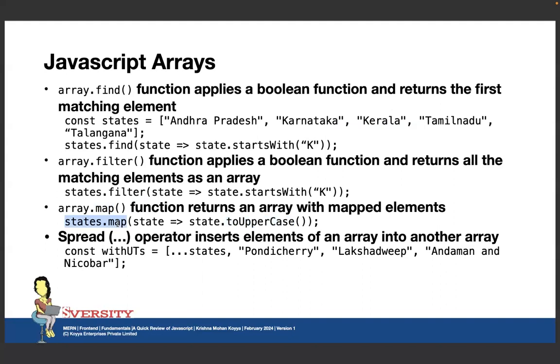That means if I apply map on an array with 10 elements, I'm going to get back all the 10 elements, with or without modification, depending on what you are writing here as the code. You may write any amount of code over there. It's not just changing uppercase or lowercase.